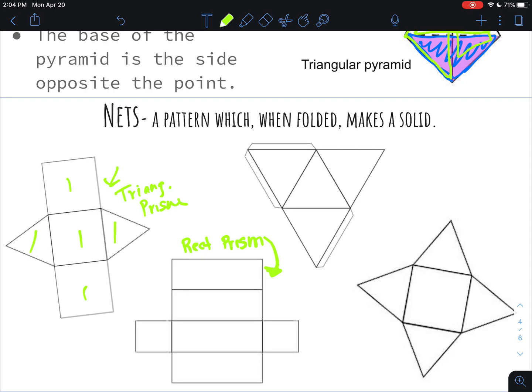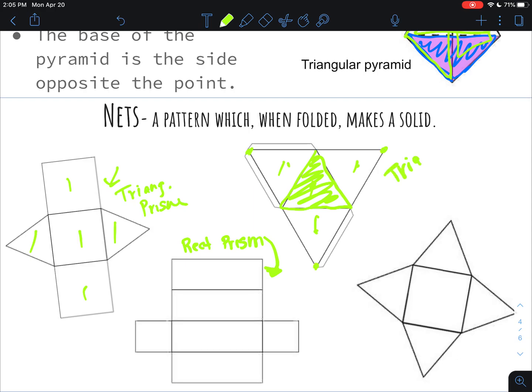The pyramids. If you remember, the base is what gives the pyramid its name. So in this net, I have all triangles. So if you think about this is your base right here, and all of these three sides will fold up to a point in the middle. So all of these will come to the point.